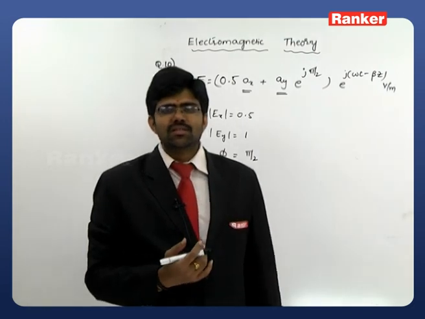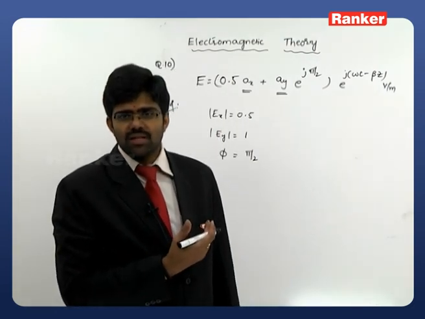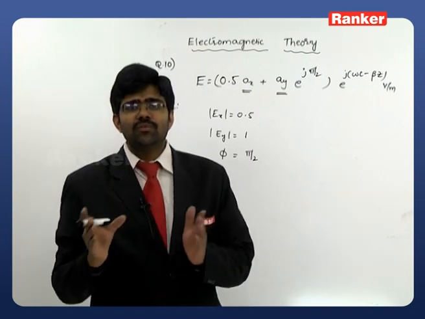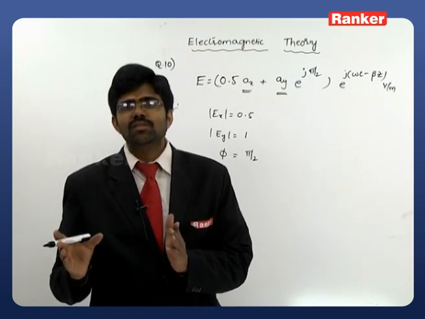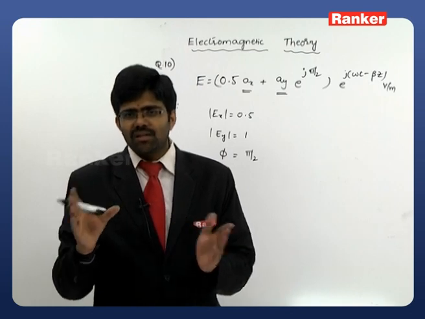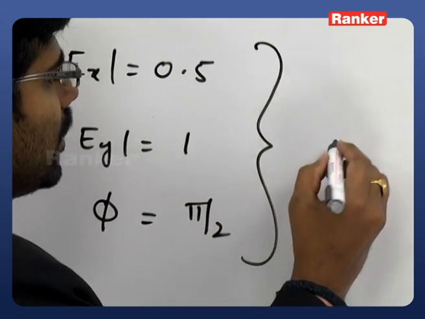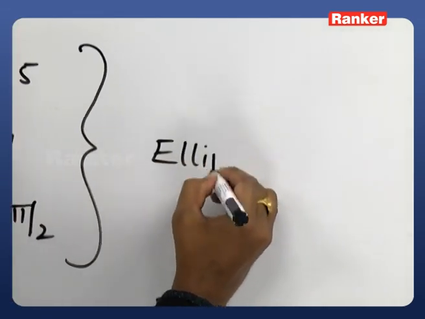Now with these conditions, examine what is the type of polarization. We have different amplitudes and the phase difference between these two components is pi by 2. So with the recollection of our data, this gives an elliptically polarized signal.